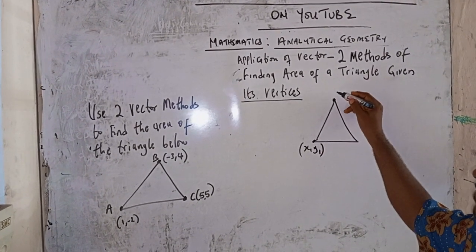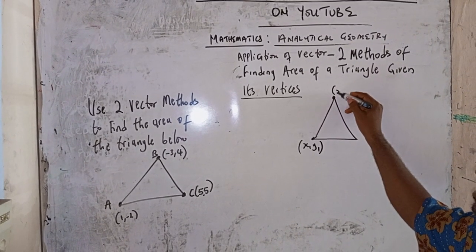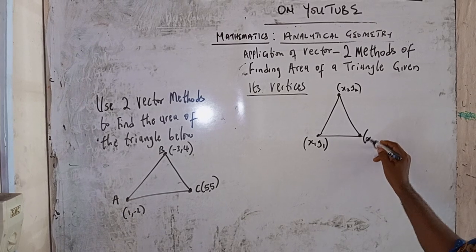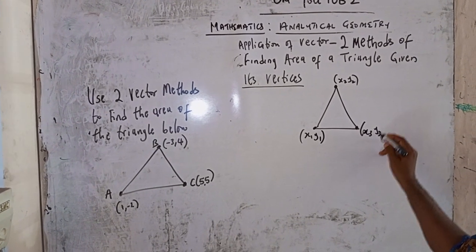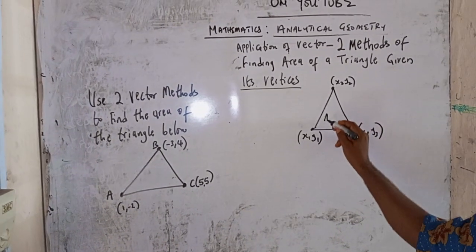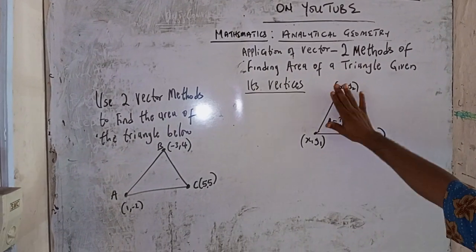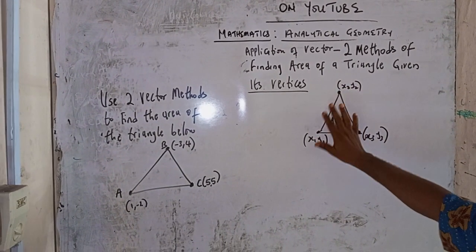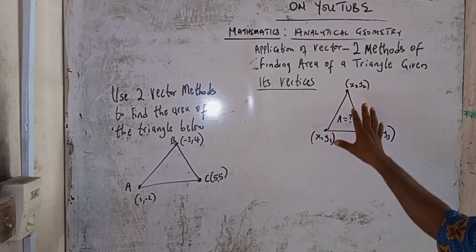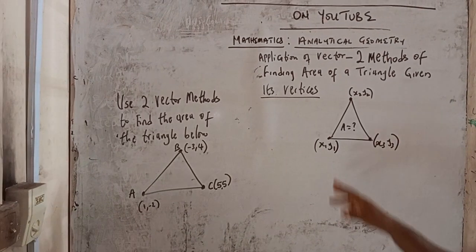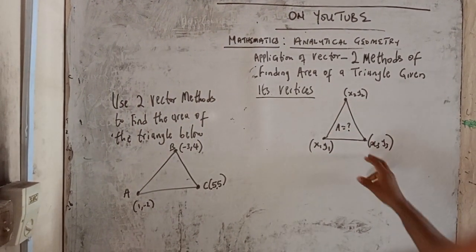We are given the second vertex, let's say the coordinates x2, y2, and the third vertex coordinates x3, y3. So we are asked to find the area of the particular triangle. Area is just the surface of a plane shape or the surface of a curved shape. Now, how do we find the area of a triangle when we are given the vertices of this triangle?